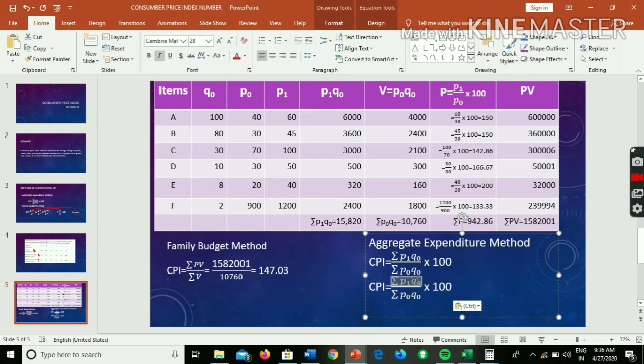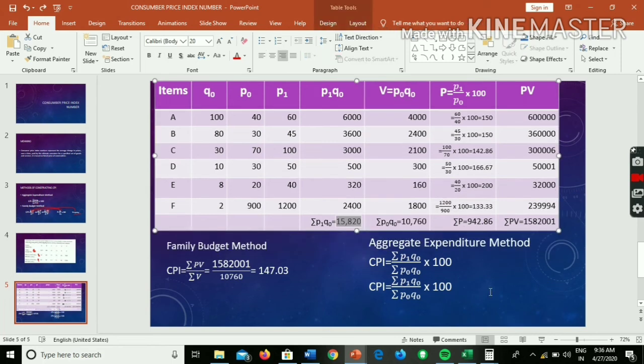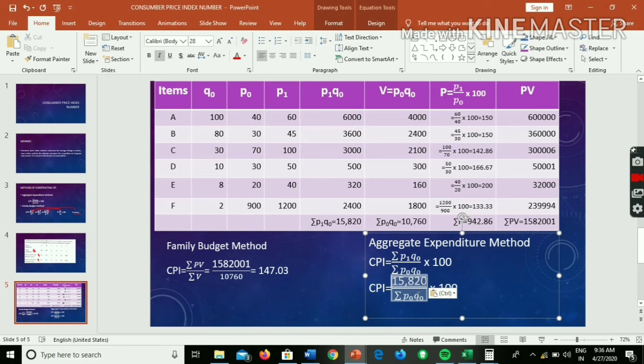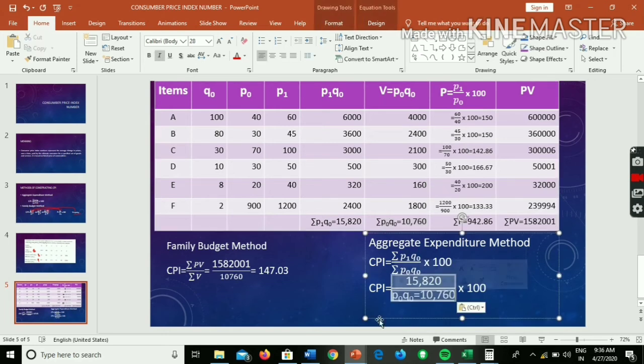The value of sigma P1 Q0 is 15,820 divided by sigma P0 Q0, that is 10,760, into 100.